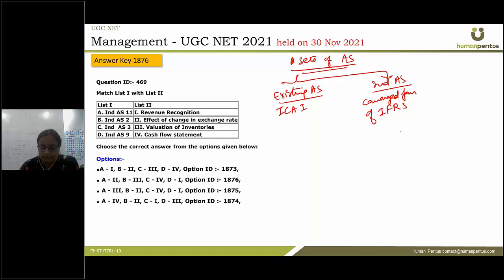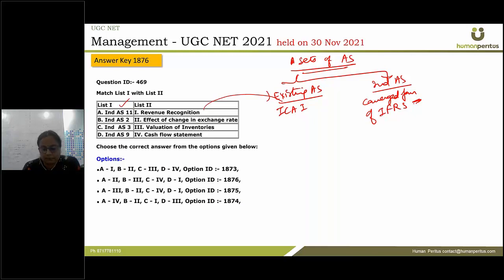Okay, fine. So when we look at list 2, actually they are talking about existing AS, whereas in list 1 they are giving you numbers of INDAS.